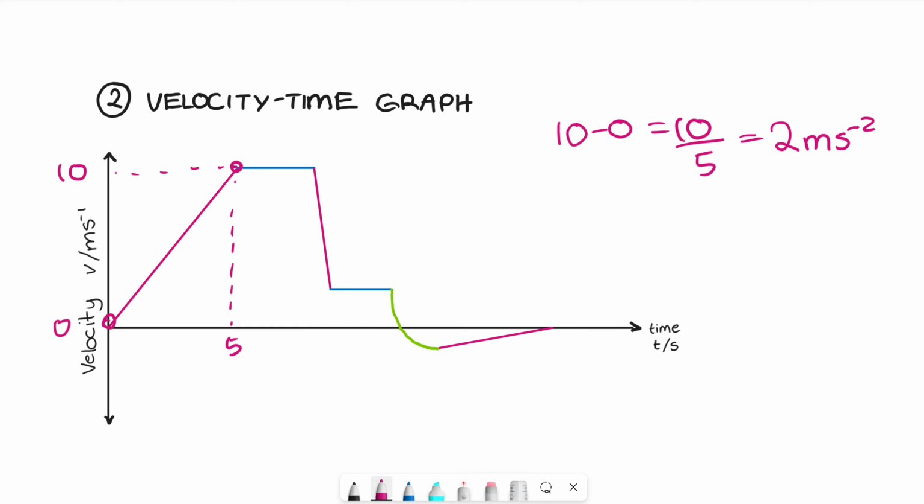So a straight line means an acceleration on a velocity time graph. And throughout different points on the line, the gradient is always 2, so it's uniform acceleration. So it means the acceleration is staying constant throughout that portion of the line. Same situation here with the other pink line, except it's in the negative direction.